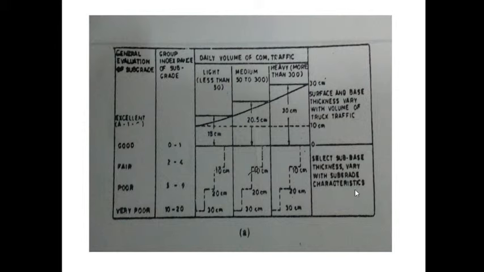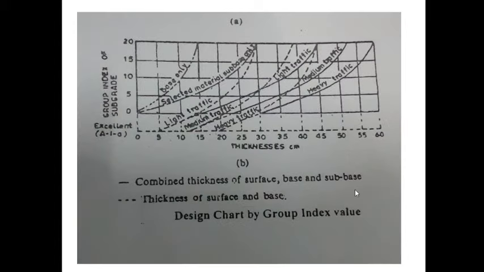This is for heavy traffic, medium traffic, and light traffic. Then the dotted line is for the thickness of surface and base course, for heavy traffic, medium traffic, and light traffic. Corresponding to group index 7, for the solid line for heavy traffic, you may get a thickness of around 45 to 50, approximately 47 centimeter.